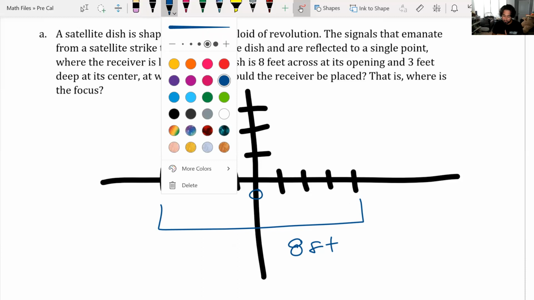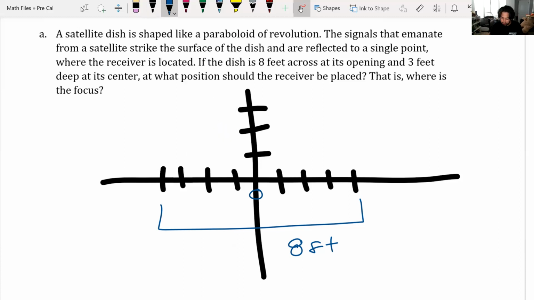Okay. So then to complete this, we know that if we go out to the right 4 feet and up 3, we'll have one end of the dish. So I go right 4, up 3. There's one end of the dish. So from the center, or the vertex, there's one part of the dish. This is at 4, 3.